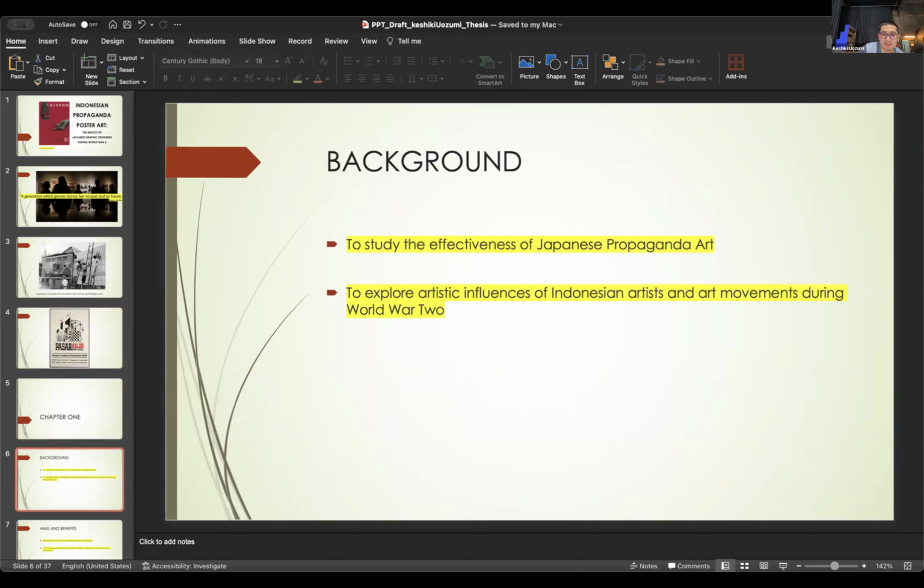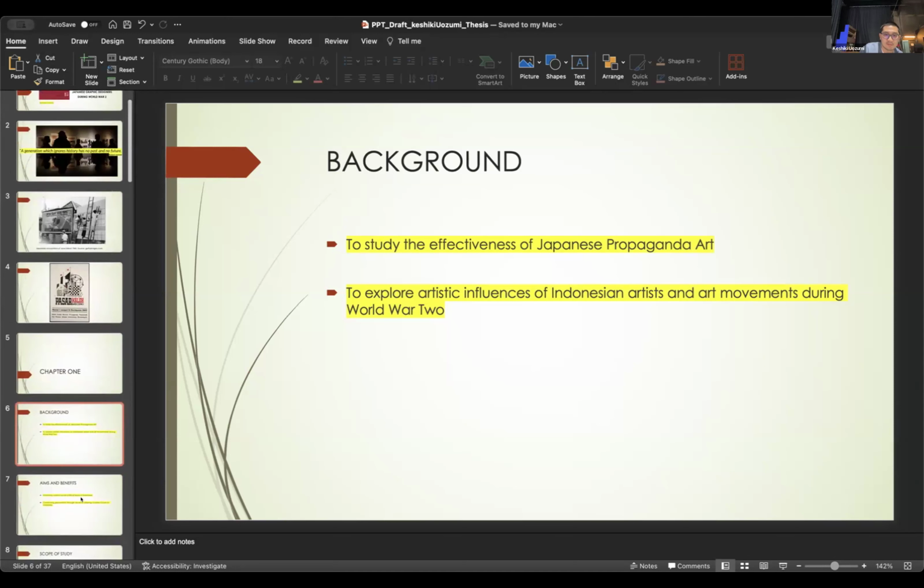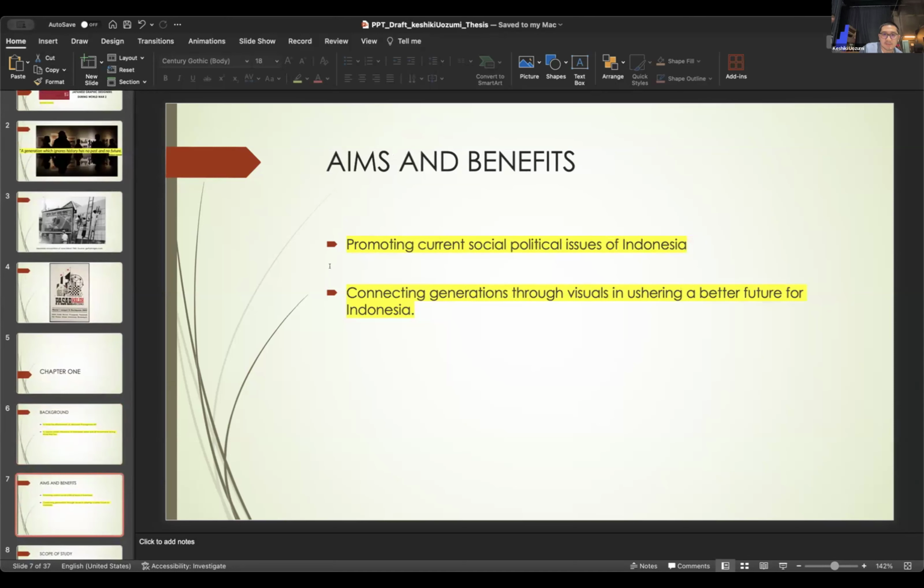So my background is to study the effectiveness of Japanese propaganda art and to explore the artistic influences of Indonesian artists and art movements in the era. The aims and benefits are to promote current social and political issues of Indonesia and to connect generations through visuals, creating a better future for Indonesia.